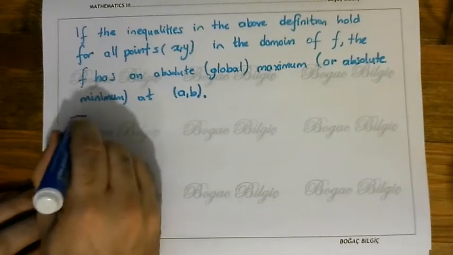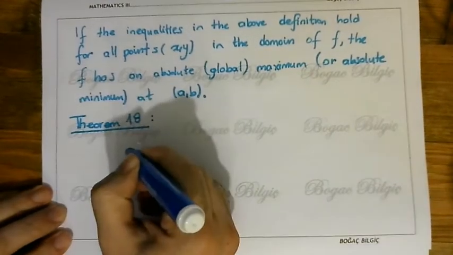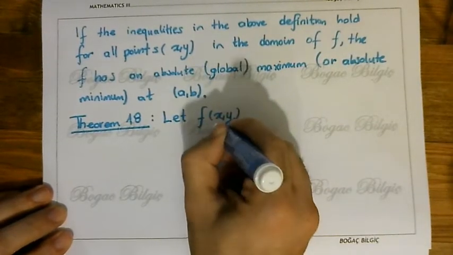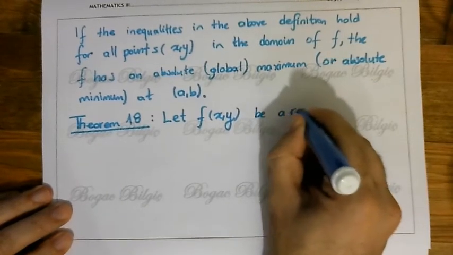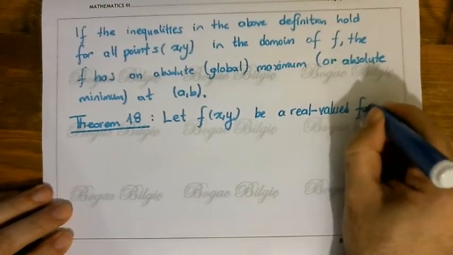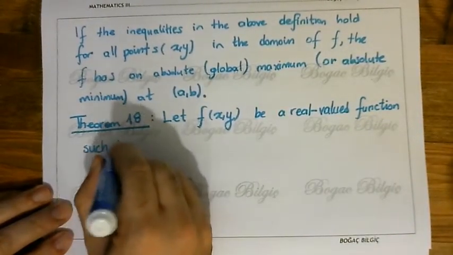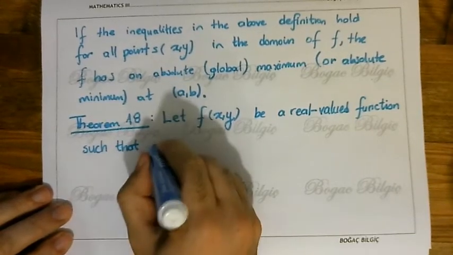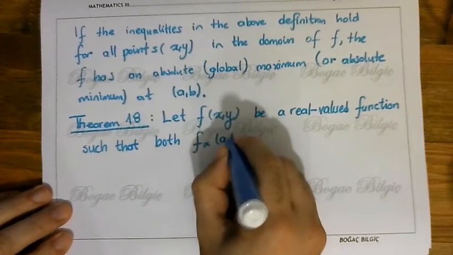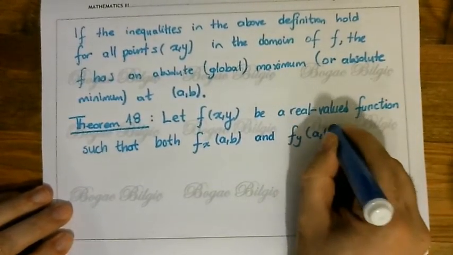Theorem 18. Let f(x,y) be a real valued function such that both fx at (a,b) and fy at (a,b) exist.